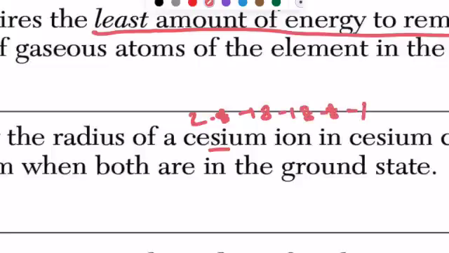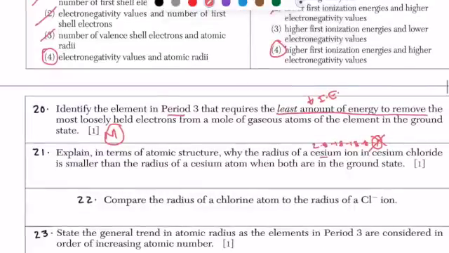When cesium becomes an ion, cesium is going to lose this electron. Now remember, when an atom loses an electron, it also loses the outermost shell in which that electron was living in. So the answer to this question is that cesium loses the valence electron and the valence orbit.